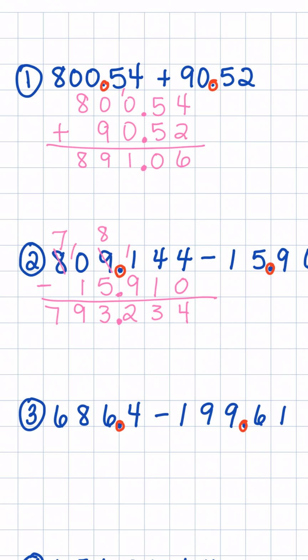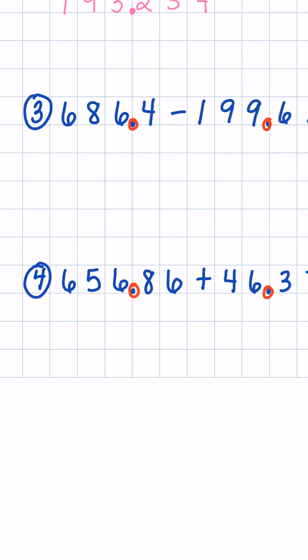This next one, once again, line up our decimal points. I'll rewrite it this time. So we have 686.4. Here, let's do it below. Subtract 199.61.